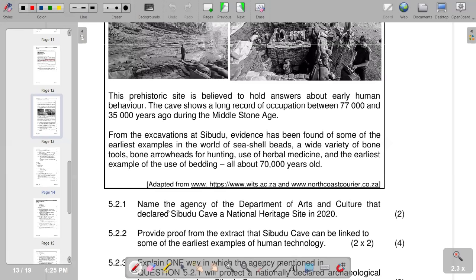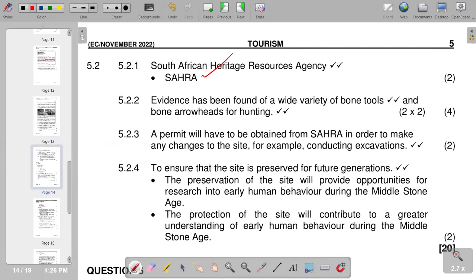The first question says, name the agency of the Department of Arts and Culture that declared Sibudu Cave a National Heritage Site in 2020. So this is according to our responses. You see that this is the SAHRA.